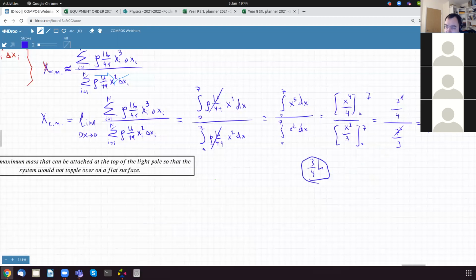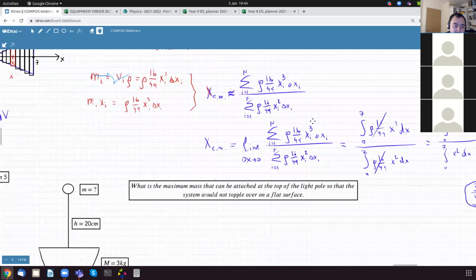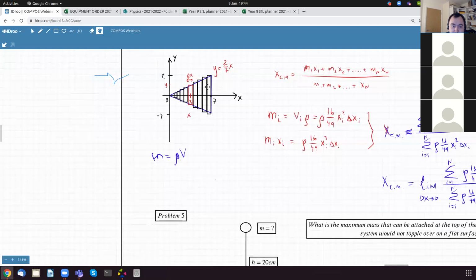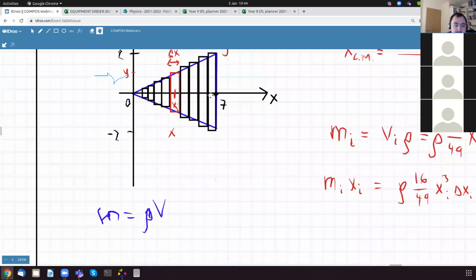That's a kind of important consequence. So the center of mass of the pyramid is 3/4 of the way, somewhere here.